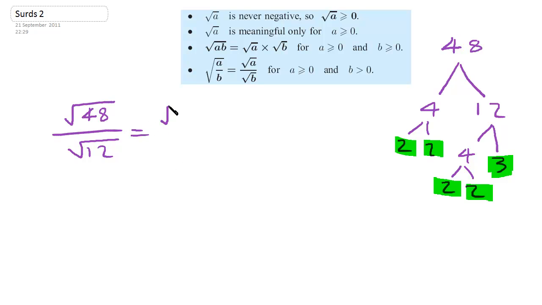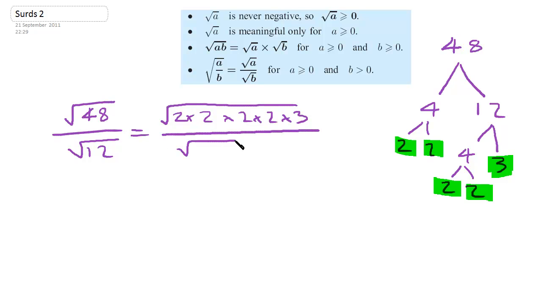So we get 2 times 2 times 2 times 2 times 3 all over, and the prime factors of 12 are 2 times 2 times 3. 2 times 2 is 4, times 3 gives you 12. Now remember what we're going to do, we're going to pair these up. So there's a pair, and there's another pair.